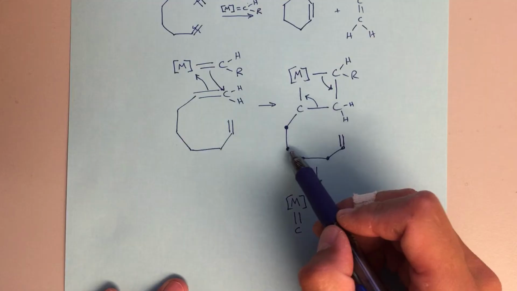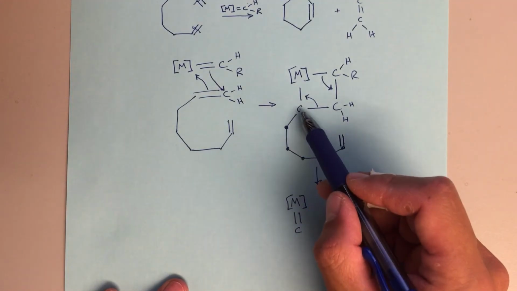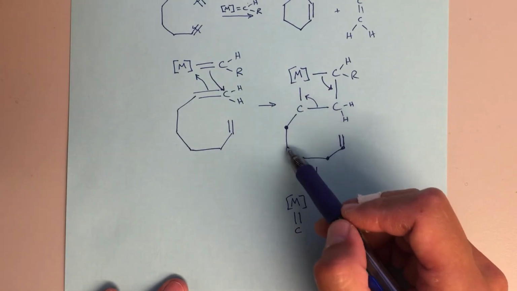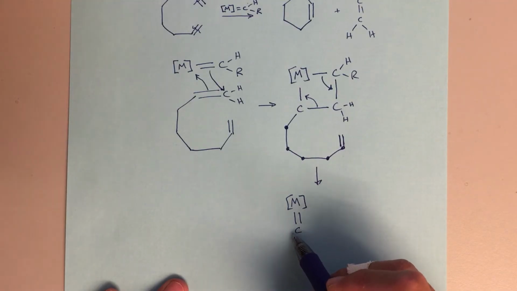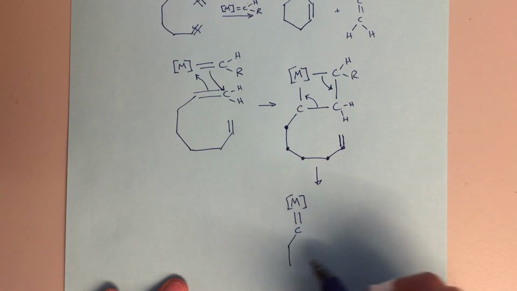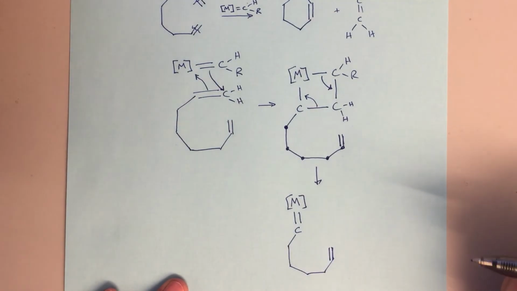And now we've only got 1, 2, 3, 4, 5, 6, 7 carbons, counting from here. That's going to be where we have our double bond.